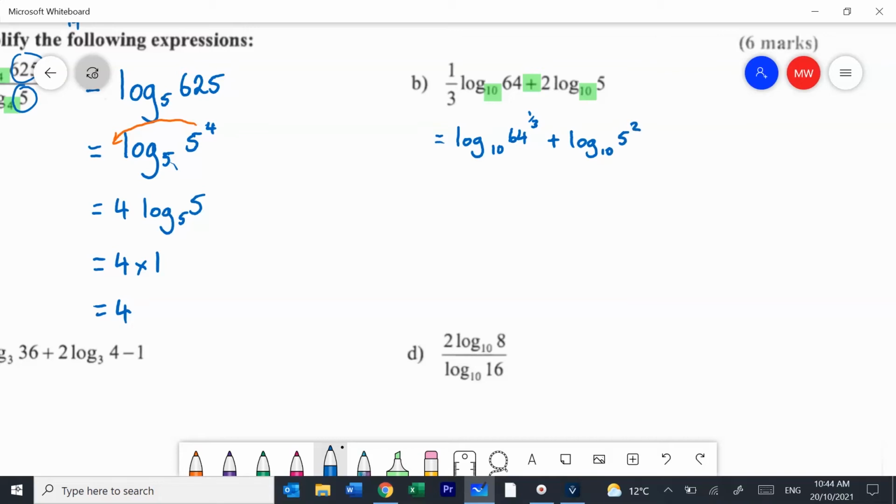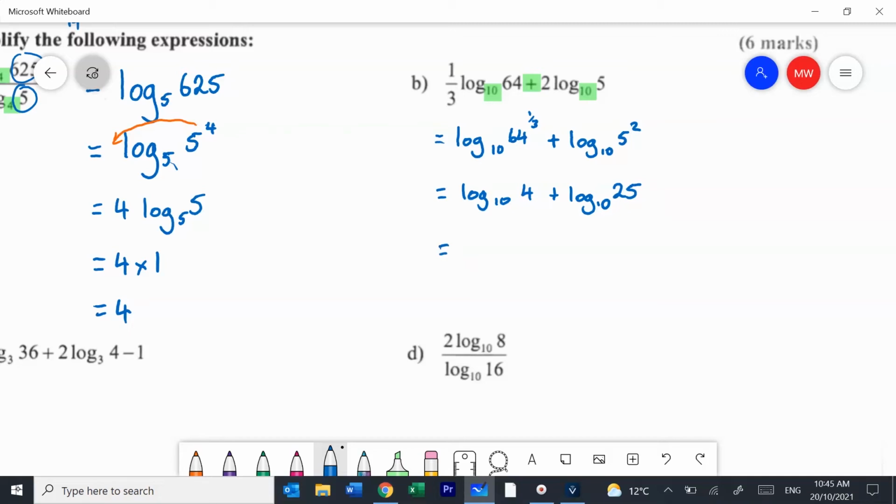And so what we'll do is we could use your calculator if you wanted to do the basic ones. Otherwise, we've got the cubic root of 64, which is 4, and then we've got log 10 to the, oops, that's a 25, 5 squared is 25, and now that it's in this format, we're allowed to use that first log rule.